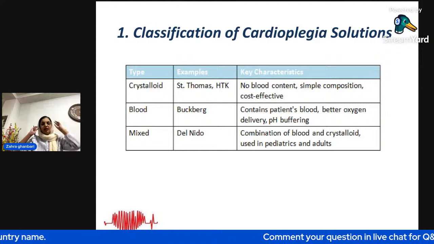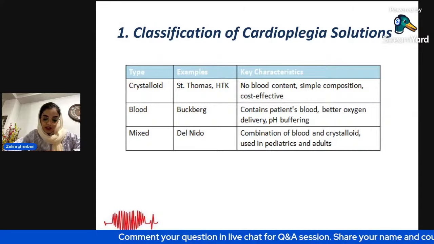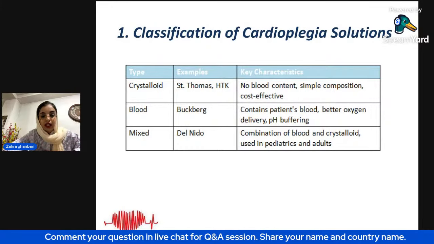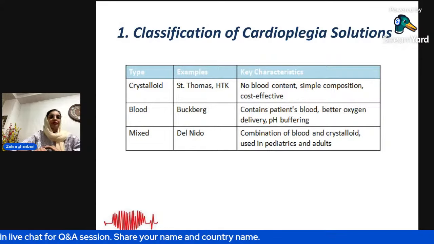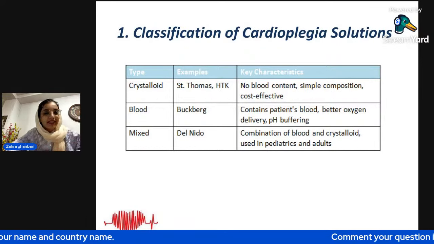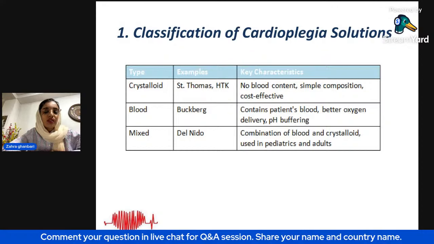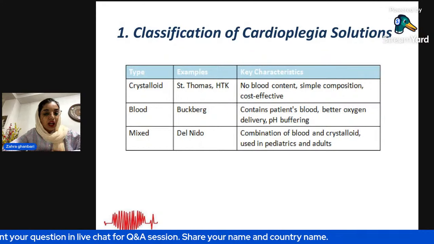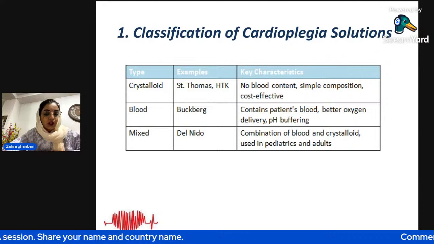Microplegia is a type of cardioplegia with very concentrated cardioplegic drugs in a small volume of blood. Another one is mixed or hybrid cardioplegia, which combines the properties of both crystalloid and blood solution for optimal myocardial protection.